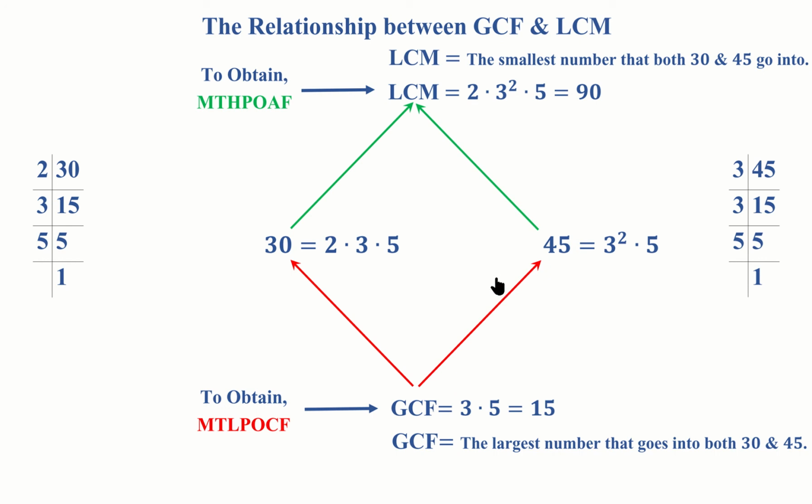Notice if you took a factor that is not common, like if you took the 2 and brought it here, well, it wouldn't go into this number. So that's why we need to multiply the lowest power of the common factors. For the LCM, multiply the highest power of all the factors.